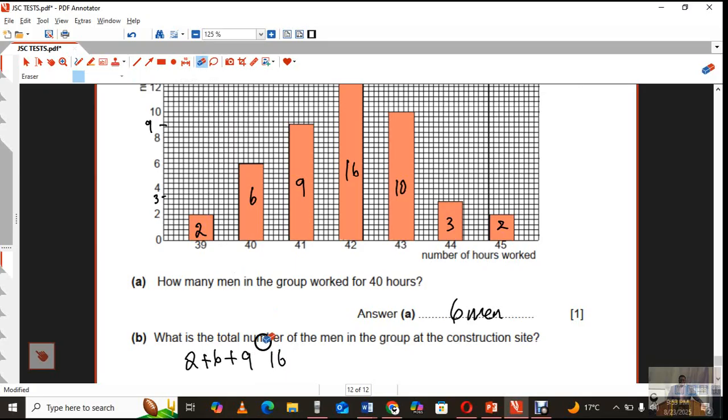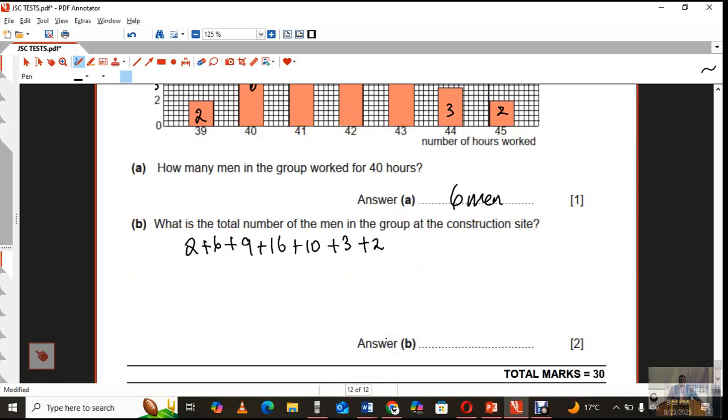This should give you the total number of men who worked at the construction site, plus 10, plus 3, plus 2. Right, so this over here gives you 15 plus 16.